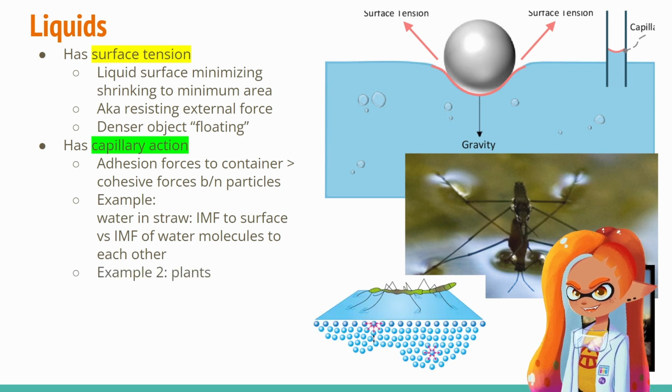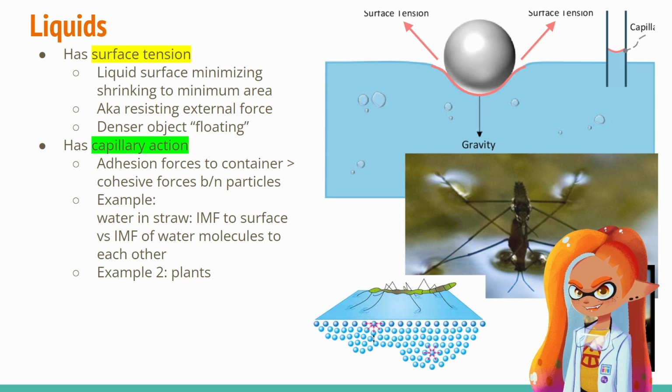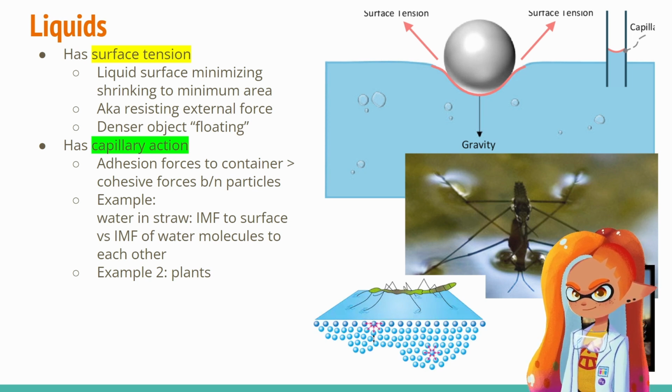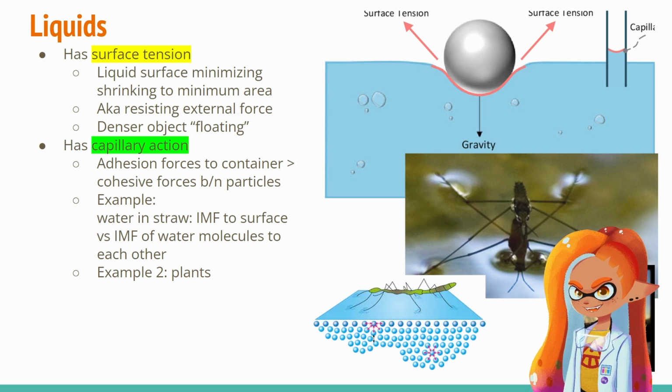Another example is plants. Plants take in water because they need to, obviously, to grow and such. And so the plants have IMFs on their surfaces that are making the water move. There's other stuff that you can learn in a biology class in your future if you decide to go that path, but for now, we'll just talk about the chem side of it.